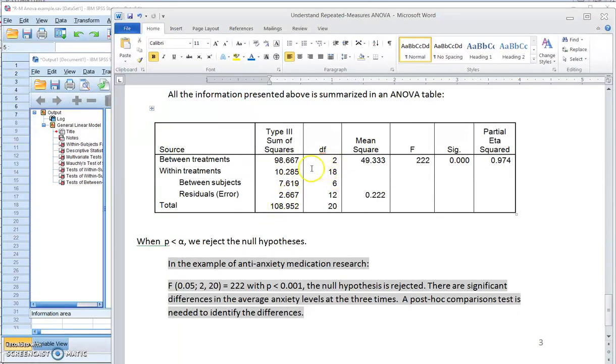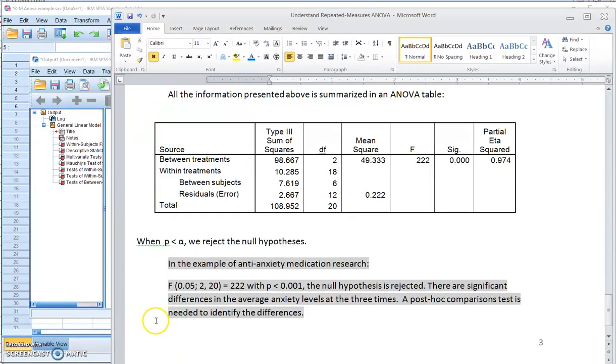The degrees of freedom, I gave you the formula, you can figure them out. The total degree of freedom is 7 times 3, less 1. And we get the mean score for the between treatment, and we have the mean score for the residual. The ratio between the two is the observed F value, and the p-value and the eta squared, you can get them from the SPSS as well.